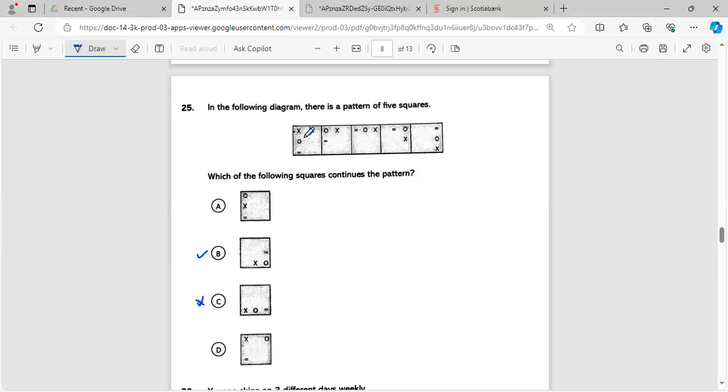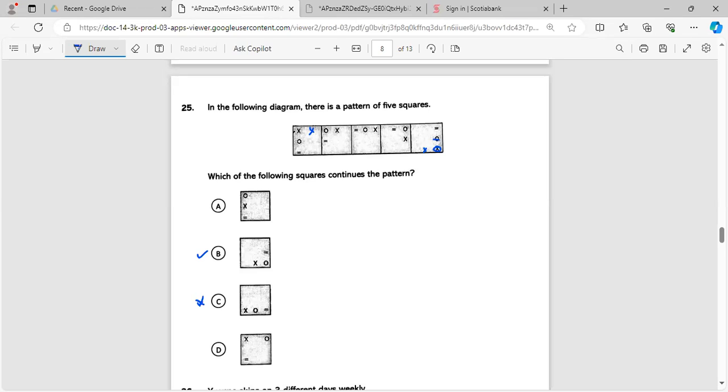And then look at the next one. We carry X over to the next spot, which is this, right? Then you go down 1, and for this you go down 1. So that means the next move is to carry over X right here. The O would come here, and then the line would come here. So I agree with B. It's definitely B.